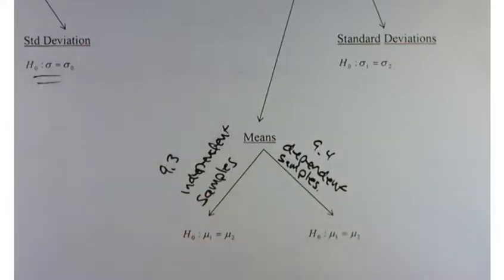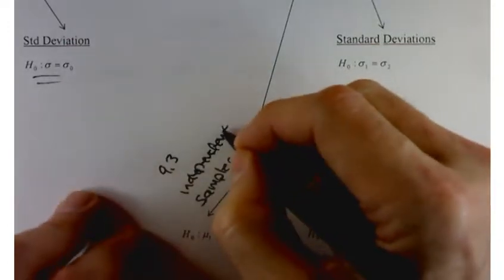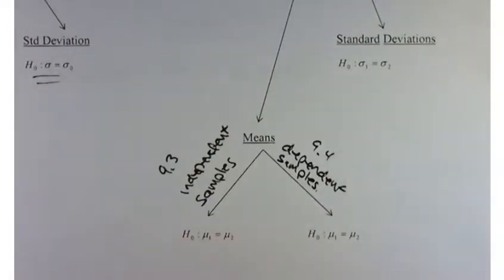Now the independence and dependence really refers to whether or not the values you get in one sample are related to the values you get in the other sample. I take as one sample the scores on test 2 from the left side of class, and compare that to the scores on the right side of class.